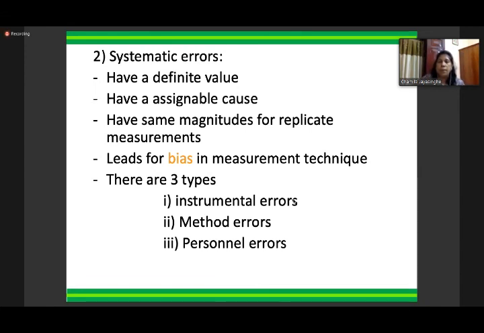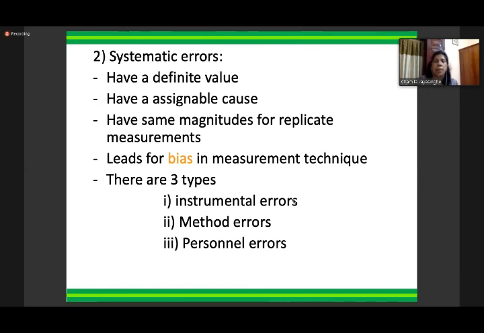Therefore, the first type is the instrumental error. Instrumental error is continuously coming throughout the way when we take the measurement. However long we measure with the analytical balance, if there is a systematic error, it will always come, if it is instrumental error. And this can happen with any machine. There may be instrumental error.